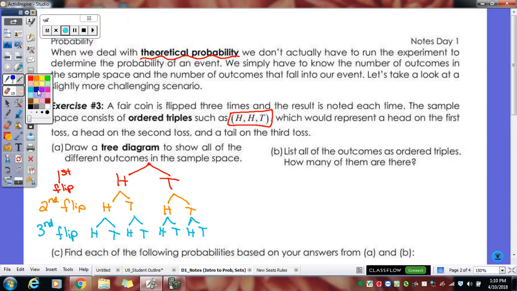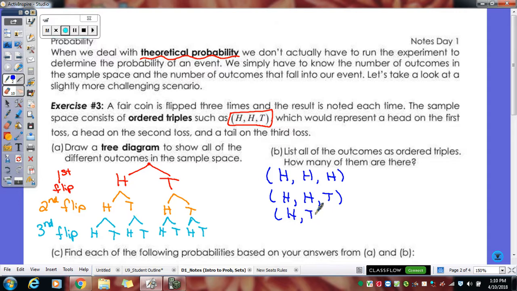All right, B, list all the outcomes as ordered triples. How many outcomes are there? For ordered triples, what they want you to write, for example, is heads, heads, heads. Another one would be heads, heads, tails. We could get heads, tails, heads, heads, tails, tails.